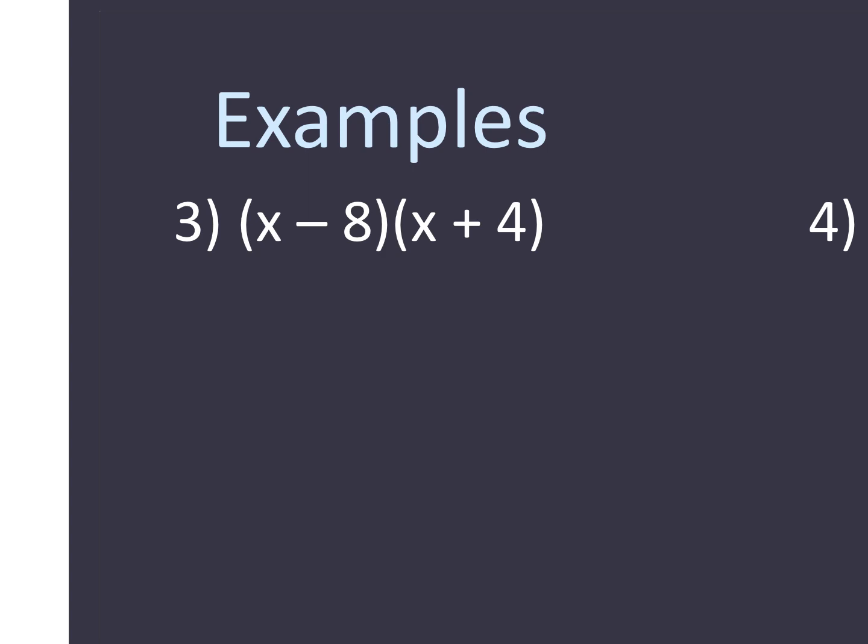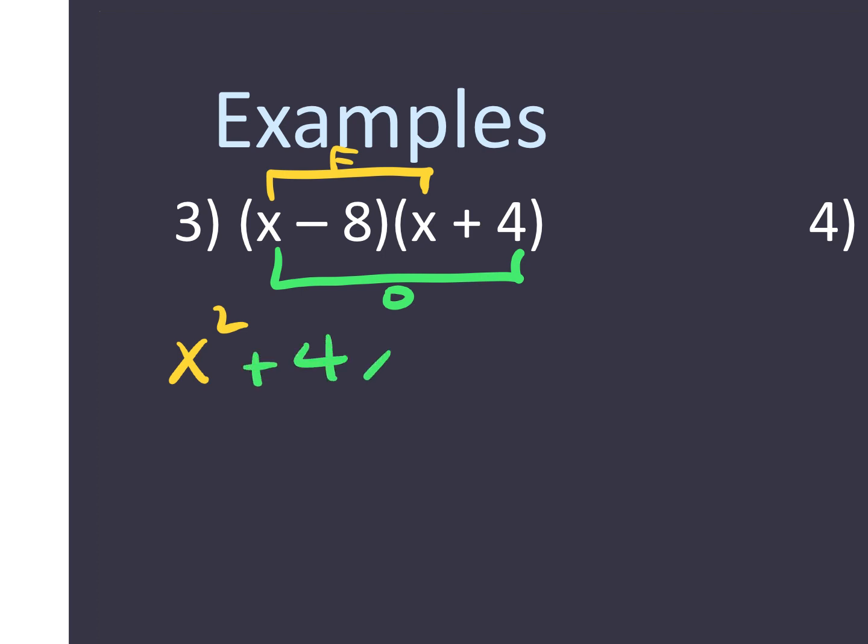So if I use my acronym FOIL, I'm multiplying the first. So that would be x times x, and I get x squared. That would be the F. The O in the word FOIL, those are the two outer terms. That would give me a positive 4x. And then when I do the two inside terms, negative 8 times x is negative 8x.